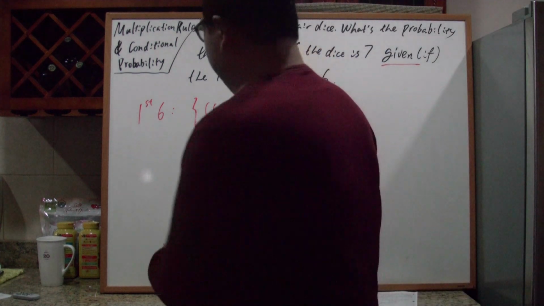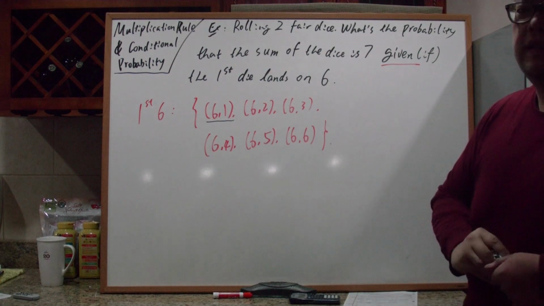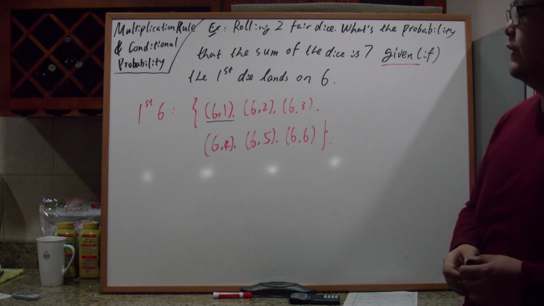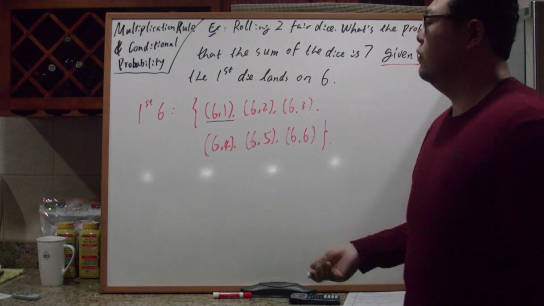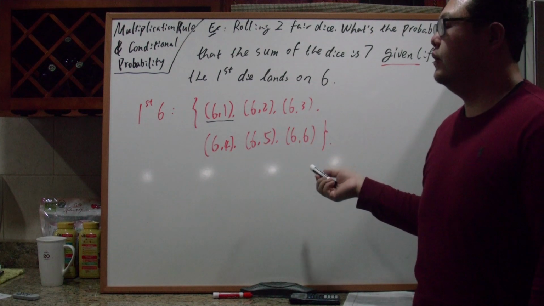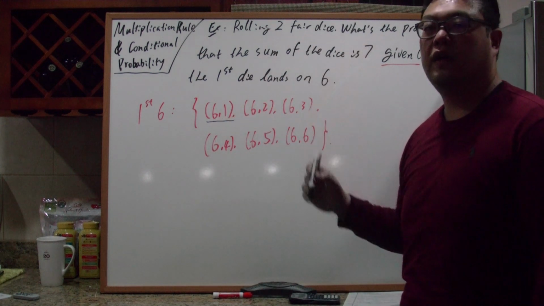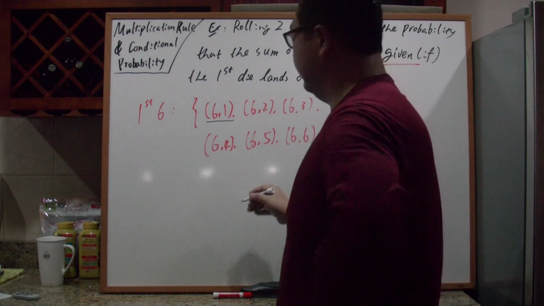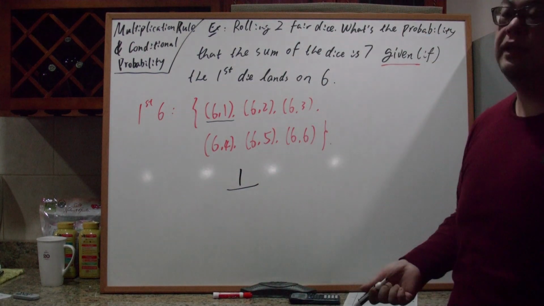Now what we have is only 6,1 which has the sum of 7. So the probability will be focusing on the new sample space, that's 6 outcomes here, and inside that only one can make the sum to be 7.